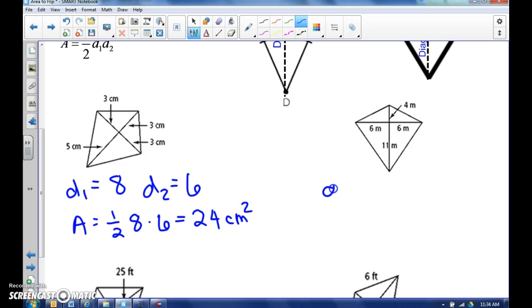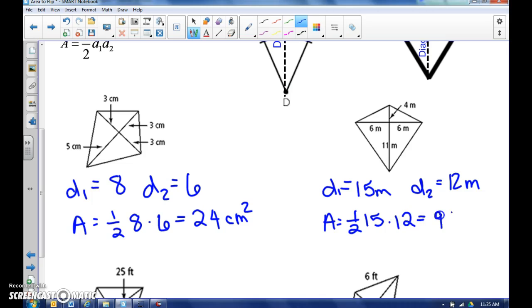Now this guy, diagonal 1 is 11 plus 4, which is 15. And diagonal 2 equals 6 plus 6, which is 12. So my area is 1/2 of 15 times 12, which gets me, I believe that's 90 meters squared.